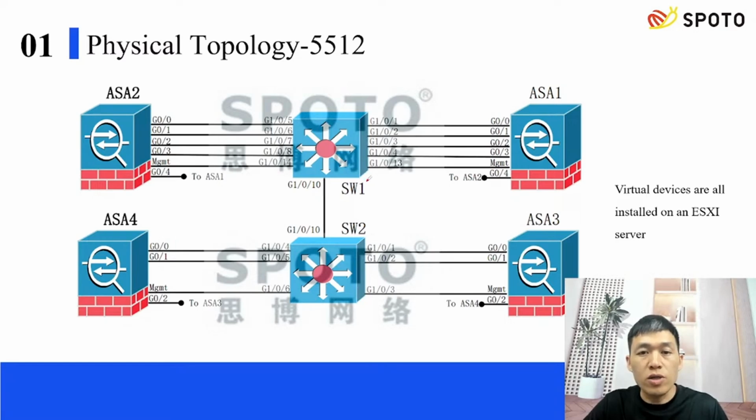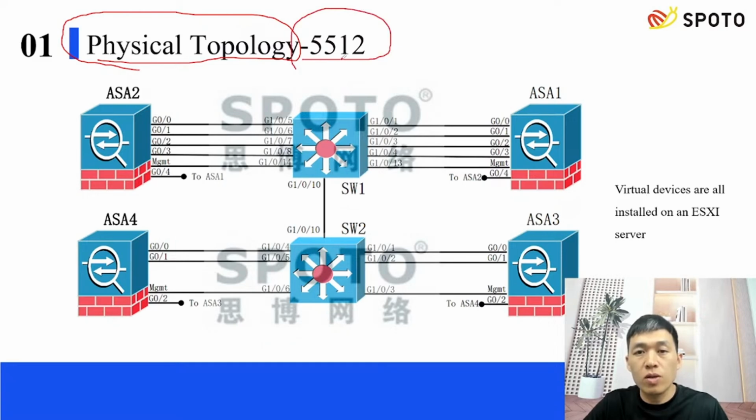Okay, this page and the next page are for physical topologies, and this one is for 5.5.12. Cisco has two types of racks. And this one is about 5.5.12.